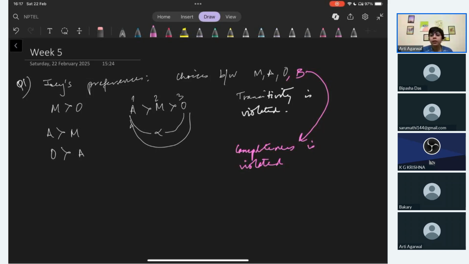If there are items in the consumption set which do not have any kind of relation defined on them, then we say that completeness is violated. And completeness is a compulsory criterion for rational preferences, right?